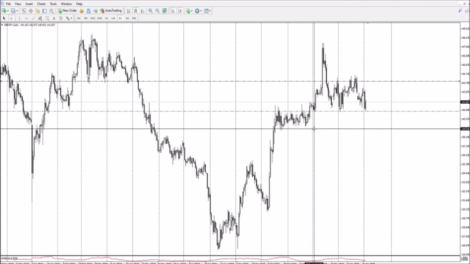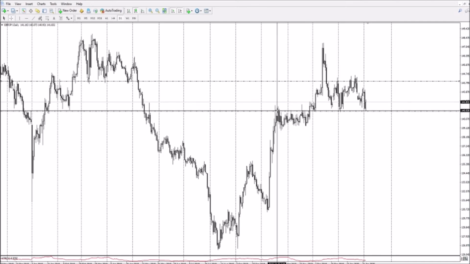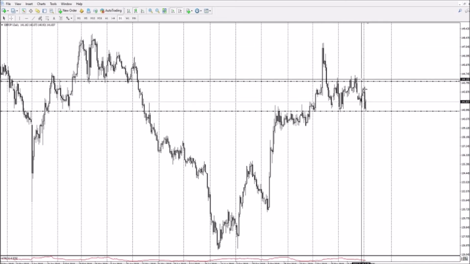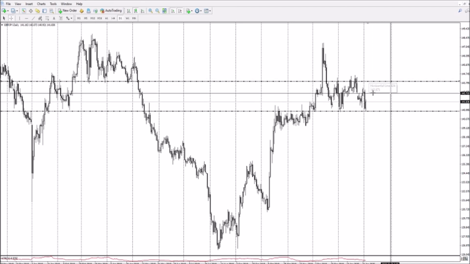So similar to cable, obviously. We're stuck between these two levels. Just thickening them up for you. So we're just stuck in this sort of range at the moment and waiting for a break either side.